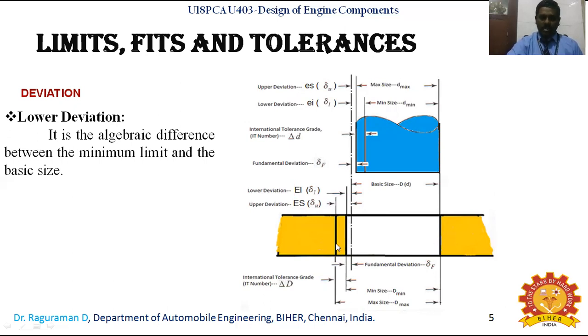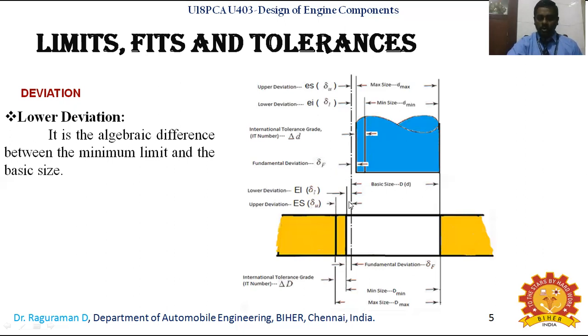Then you are enlarging the hole size to 10.022, so you are increasing it by 0.02 mm. That means you are enlarging the hole. That is the maximum size. So in the case of a hole, here you are taking the minimum and here you are taking the maximum. But for a shaft, the inner one will be the minimum and the outer one is the maximum. So that is the case for a shaft.